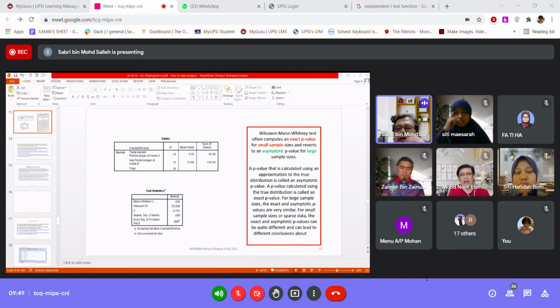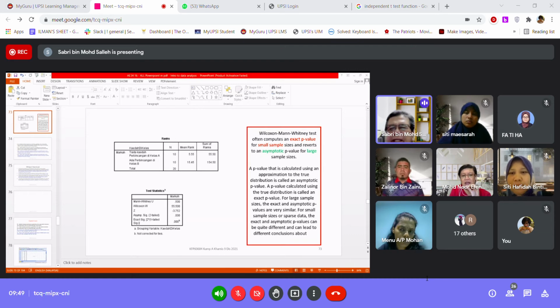So macam mana? Sekarang dah ada. Doktor, yang atas dia tu, Whitney U tu, untuk apa sebenarnya? Yang dalam table test statistik tu. Itu dia. Okay, bila kita kira tadi, ingat tak? When you calculate the t-test, yang keluar tu t-value. Bila kita calculate Mann-Whitney U, nombor tu nombor Mann-Whitney U lah.